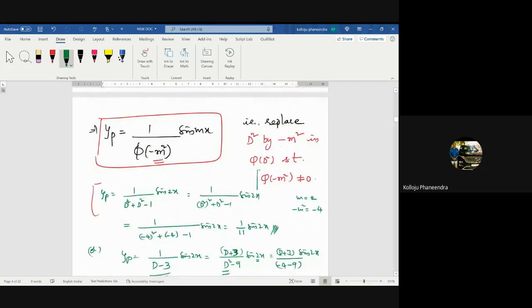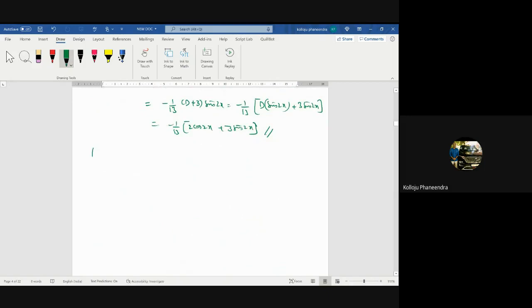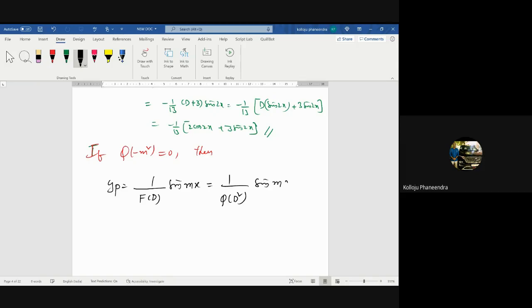Now what is the condition here? Phi of minus m square, this denominator, must never be 0. If phi of minus m square equals 0, then yp is the same procedure: 1 by f of d into sine mx, that is 1 by phi of d square into sine mx.